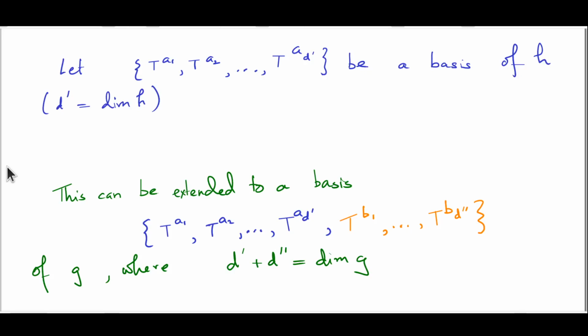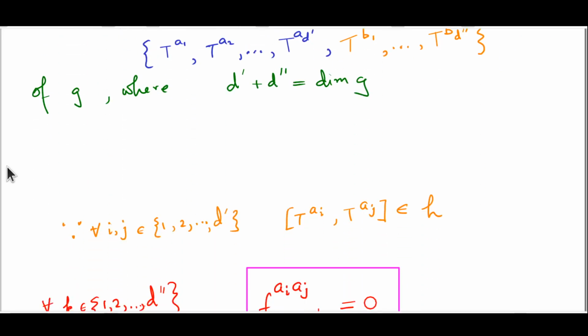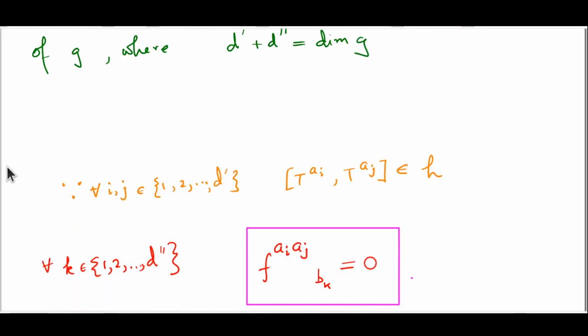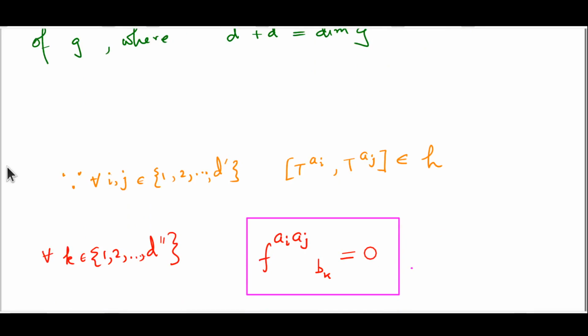Now the fact that T_a1, T_a2 up to T_a D' span the subalgebra H simply tells you that the moment you take a Lie bracket of any T_ai with T_aj, where i and j can be taken from 1, 2 up to D', this must be an element of H, the subalgebra, and hence it cannot have any component in the direction of T_B1, T_B2 and so on.